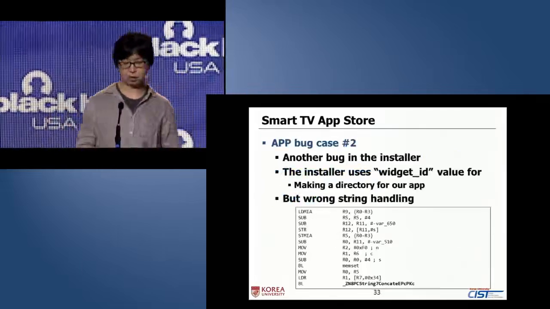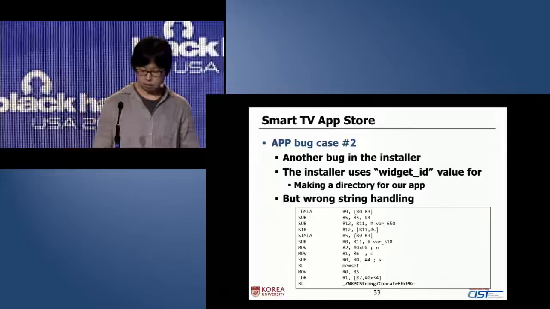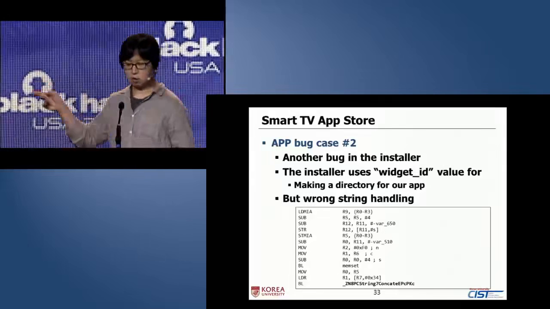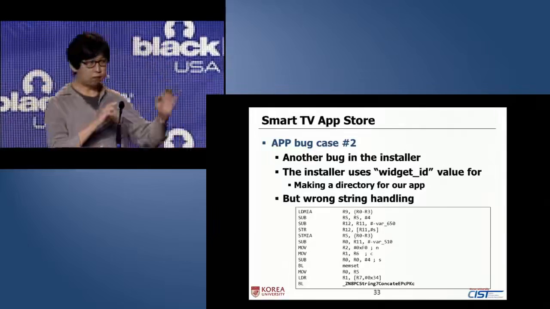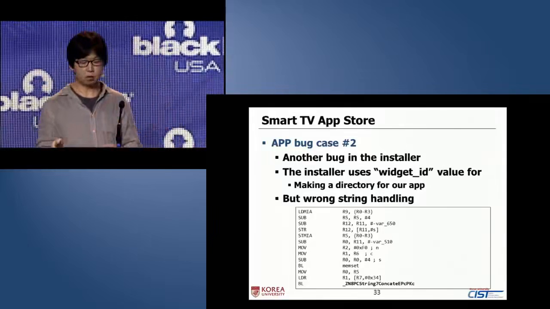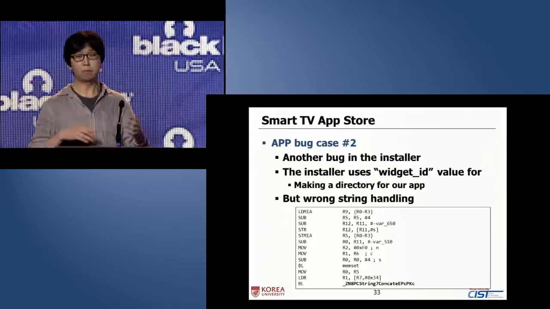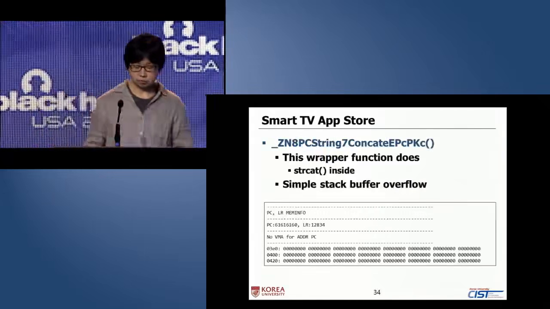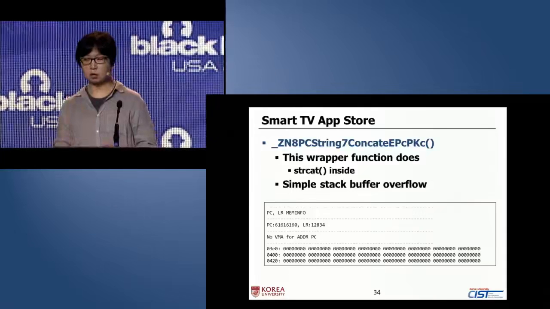Then after that is a simple stack overflow. Yeah, you see string concatenation, strcat. There's a field in the XML file, which is widget ID. This is for the app directory. strcat is known to be vulnerable if they don't check the boundary.